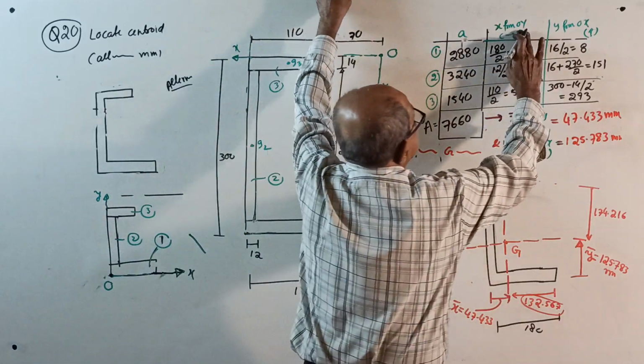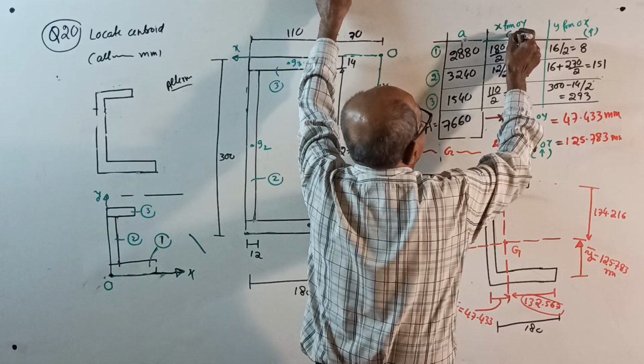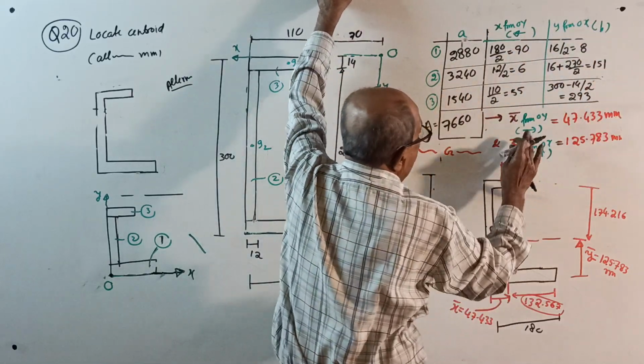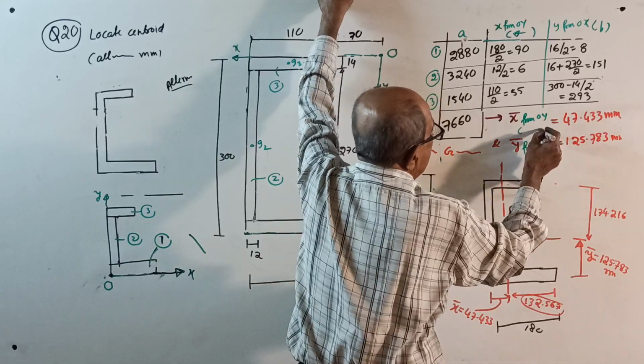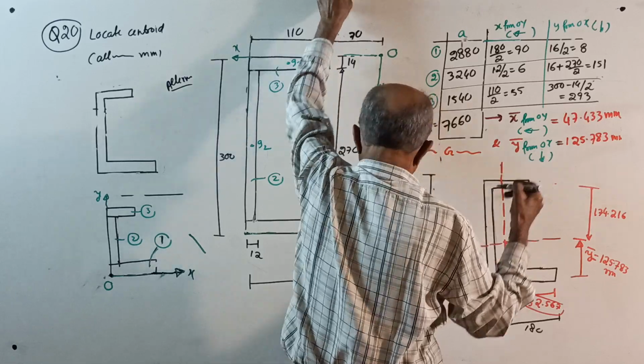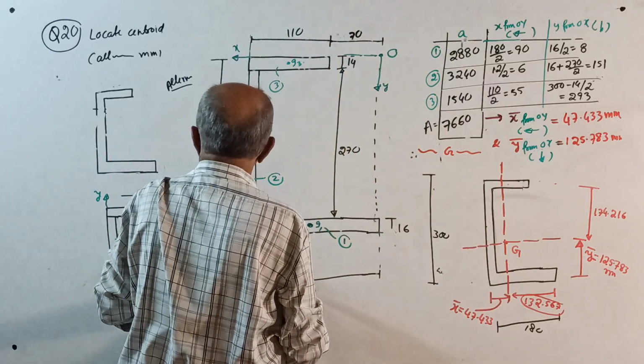Then your x will be this way, y will be like this. I will change now. And your x bar from OY will be to left side, and y bar will be down side. Okay. And here also, I change it.